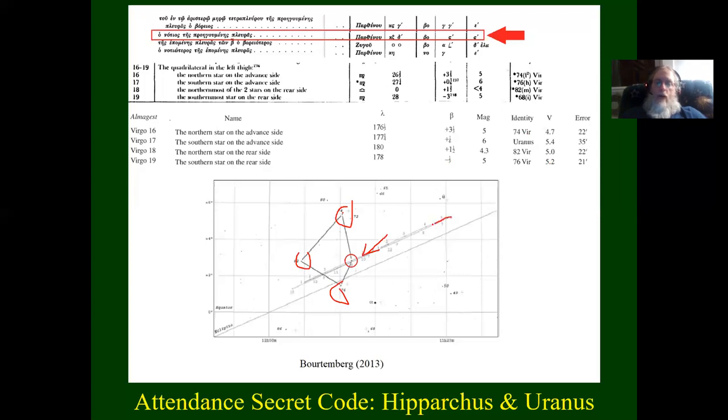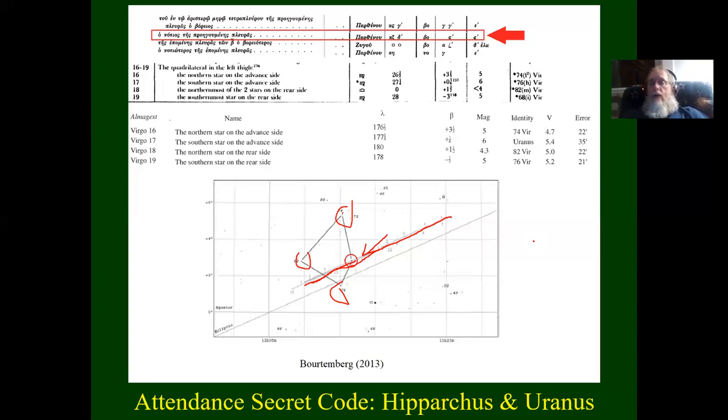During the time when Hipparchus would have been observing, Uranus would have been in that part of the sky. So this seems to be a pretty good argument in favor that Hipparchus actually spotted the planet Uranus 1900 years before Herschel did, but he just thought it was a star.